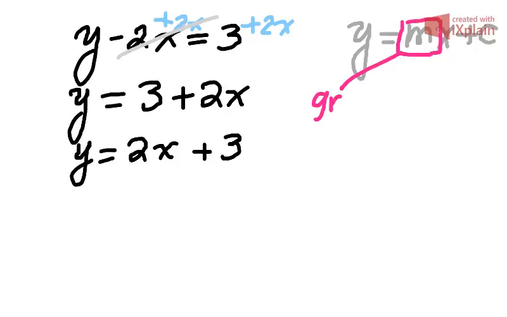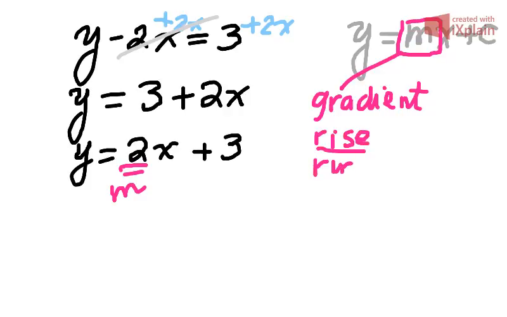So now let's talk about that m. M is the gradient, the number in front of x. So in our case here, m is 2. And the gradient is also seen as the rise over run. Rise meaning the vertical shift, and run meaning the horizontal shift. It could be up or down, or left, right. So in this example, the gradient is 2, but we need to see this as a fraction so we can have a number for the run as well.